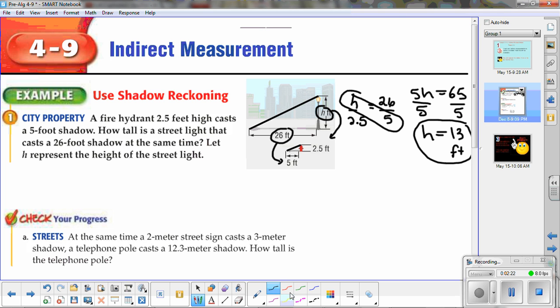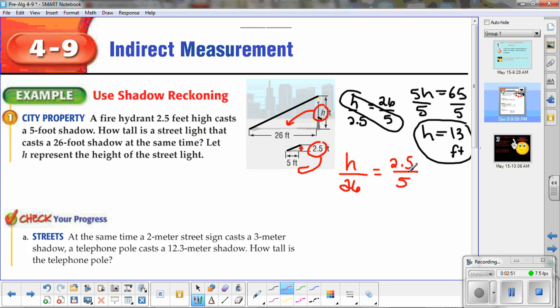Now that's one way to set it up. You can set up this problem another way as well. Some people like to compare the item to its shadow. So H over 26 equals the item compared to its shadow.